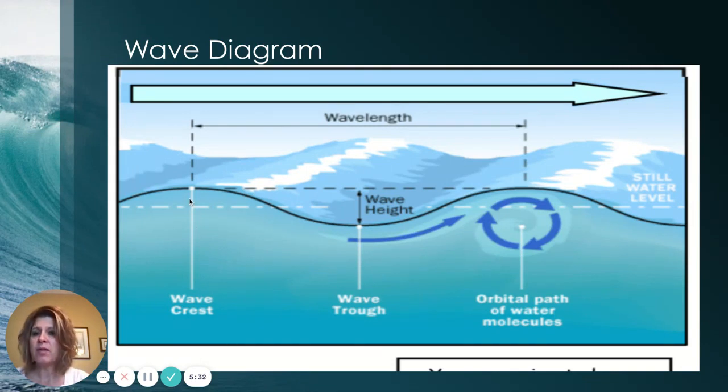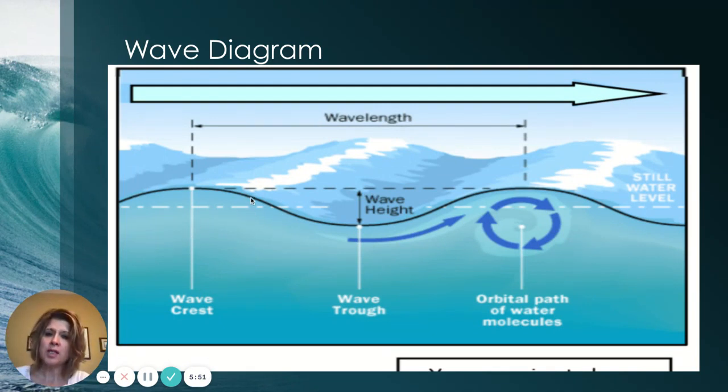The top of the wave is known as the crest. When waves come across the ocean and hit the beach, the crest crashes onto the surface.